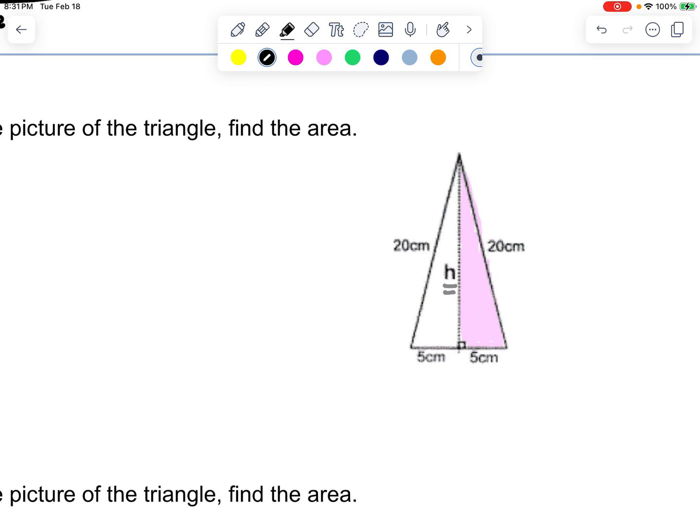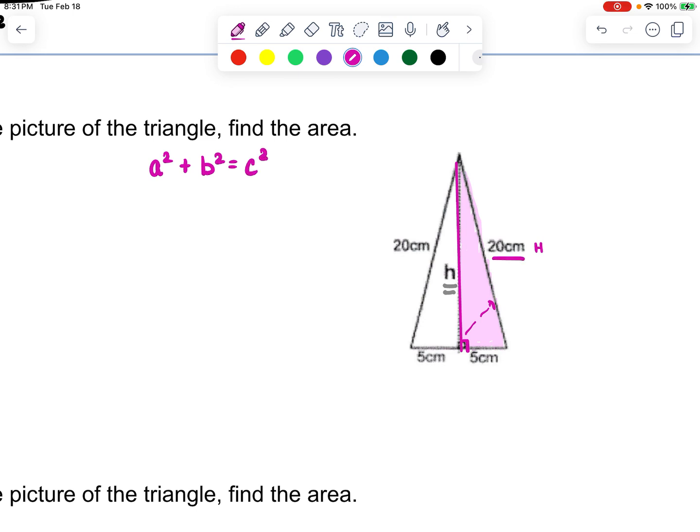I also know a formula for finding the third side of a right triangle. I can do Pythagorean theorem. So I know that this is my hypotenuse right here. This is H. So I'm going to write a squared plus b squared equals c squared.